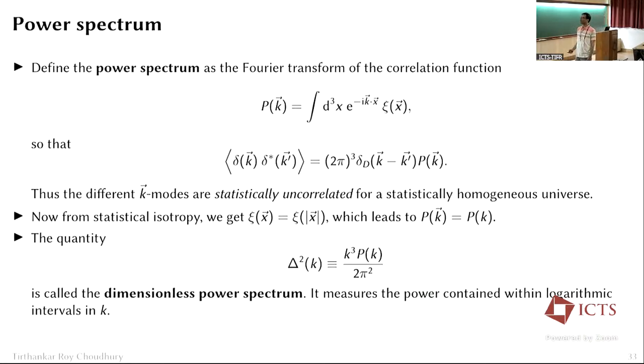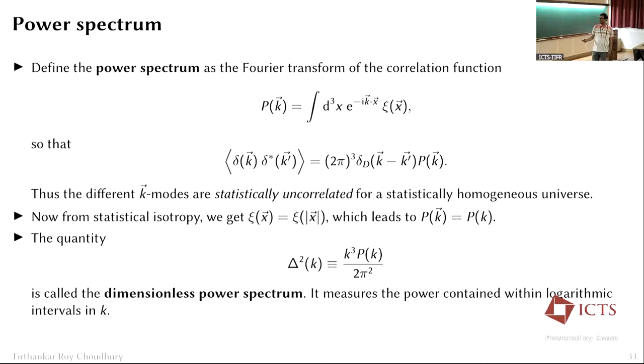As a result, power spectrum defined in this way has dimensions of 1 by k cubed, or x cubed, or dimensions of volume. So if you multiply by k cubed, this becomes dimensionless. That is why people often tend to use this quantity. It also measures the power content within logarithmic intervals in k. So that is another physical interpretation.